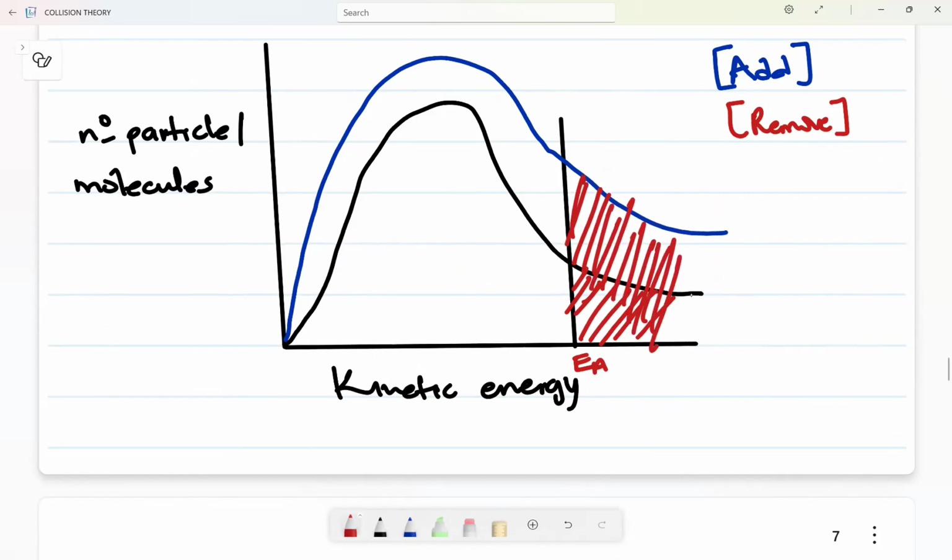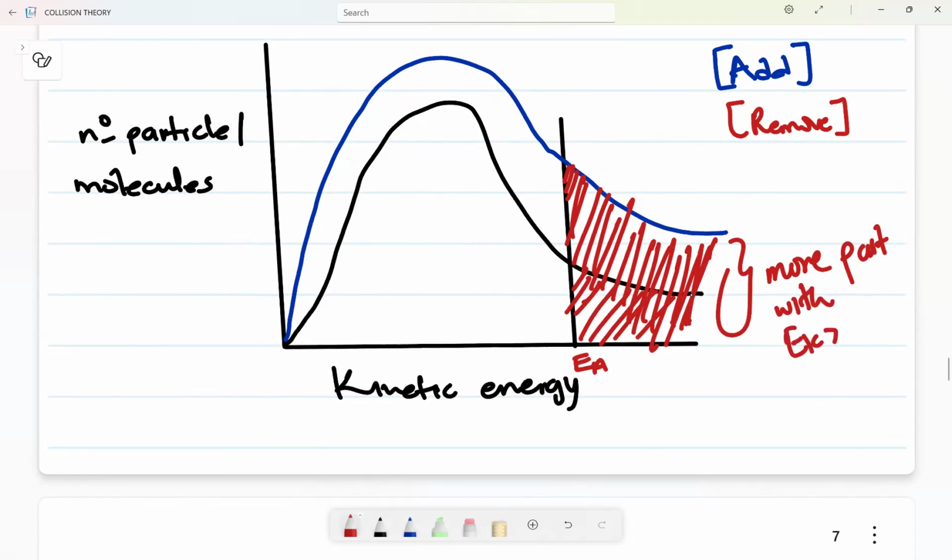Can you see the particles with kinetic energy higher? At first it was here, and now it is here. There will be more particles or molecules with kinetic energy greater or equal to the activation energy.